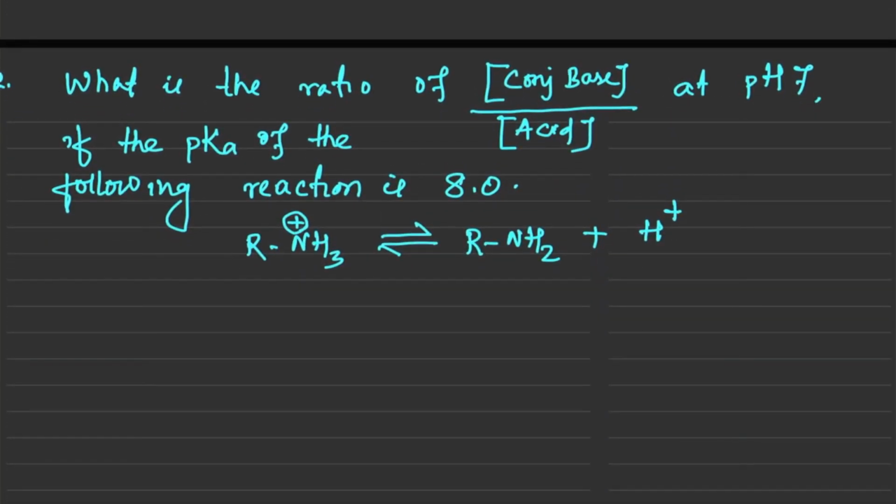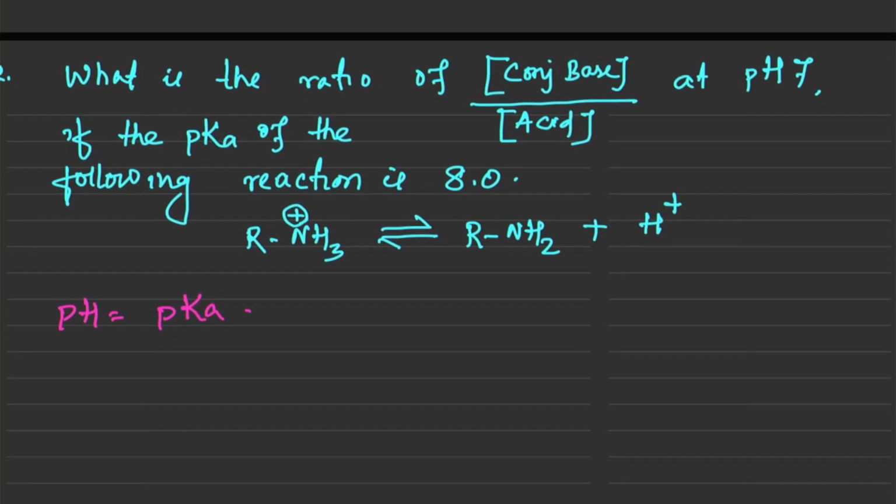Okay, let's do another problem here. What is the ratio of conjugate base to acid for this particular example? We apply the same principle, pH equals pKa plus log of conjugate base divided by acid. The reaction is not important, but I will explain in the next video why I have used this particular example.